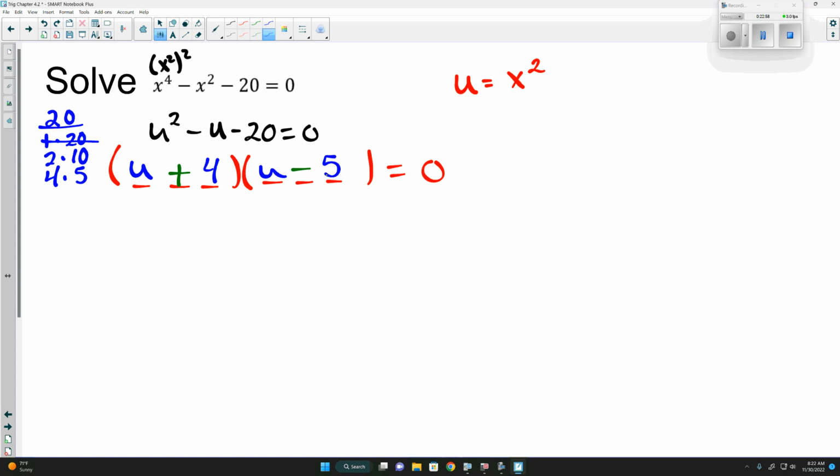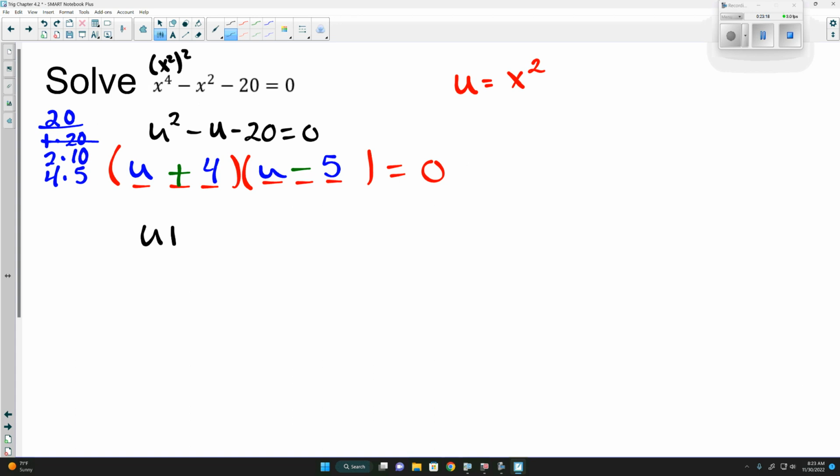Questions on this here? Any questions on anything we've done so far? Well, we do have two things multiplied together equal 0, so one of them must be 0.